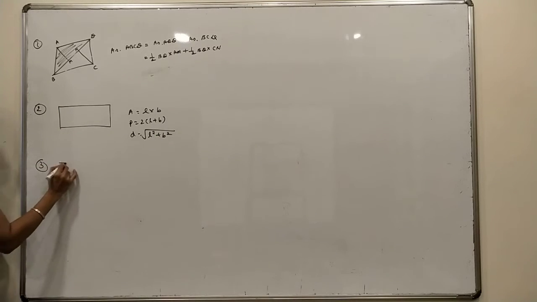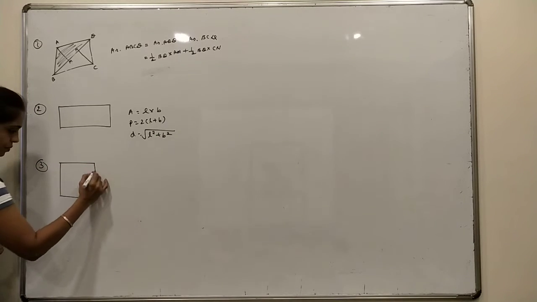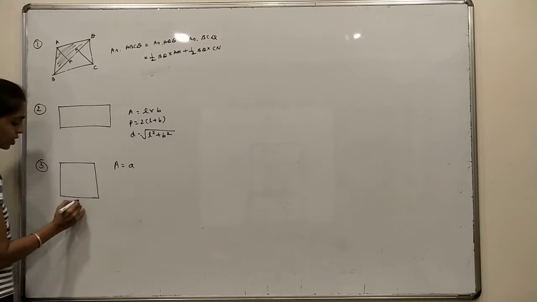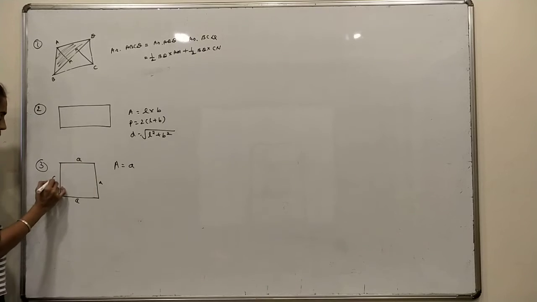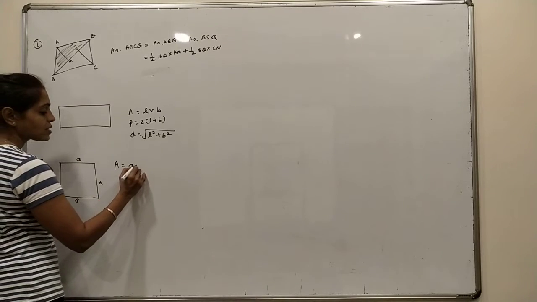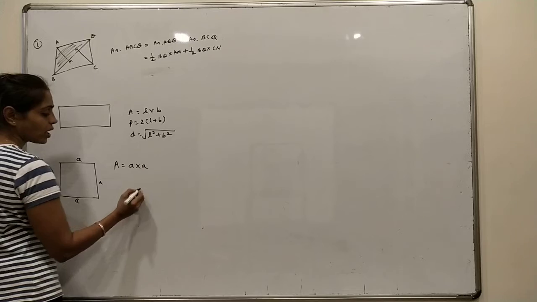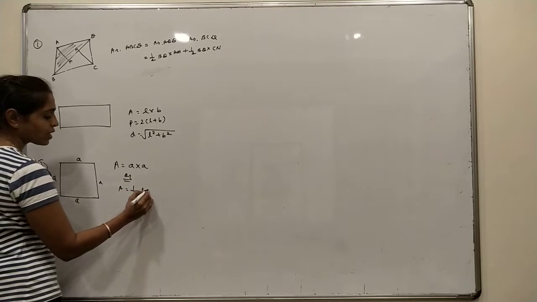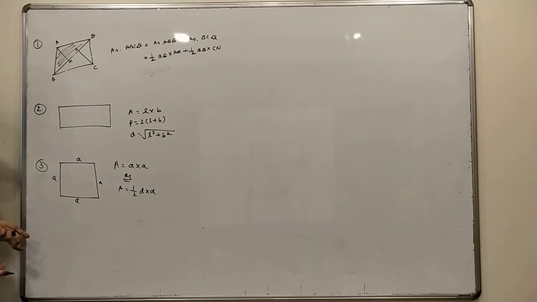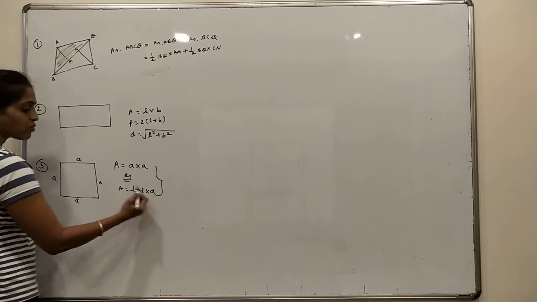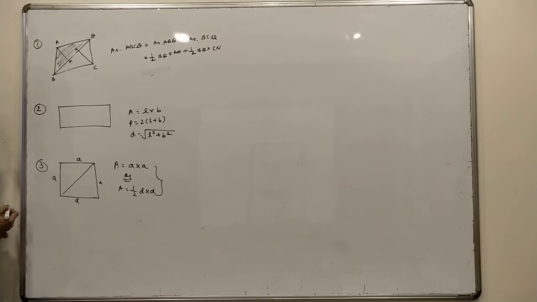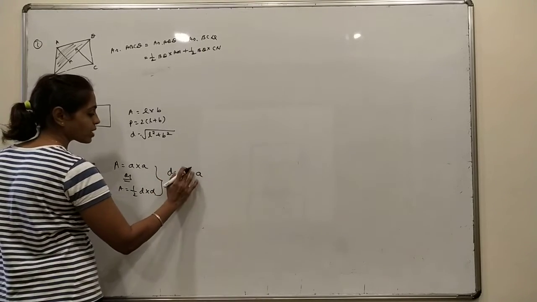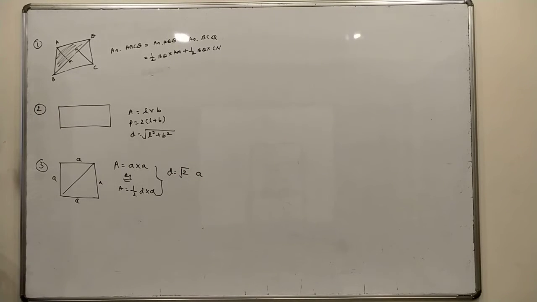Now third, if it is a square and all the sides are A, then the area is side into side, A into A, or area equal to 1/2 of diagonal 1 into diagonal 2. Both the diagonals are the same, so area has two formulas, and its diagonal is equal to root 2 A. Right?